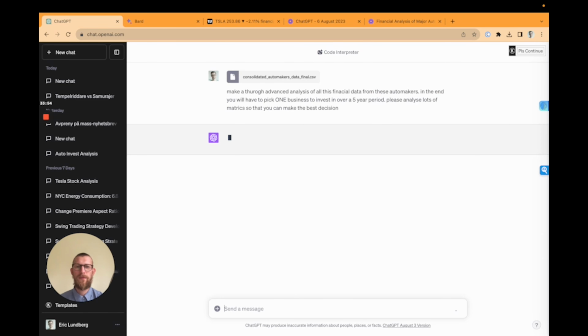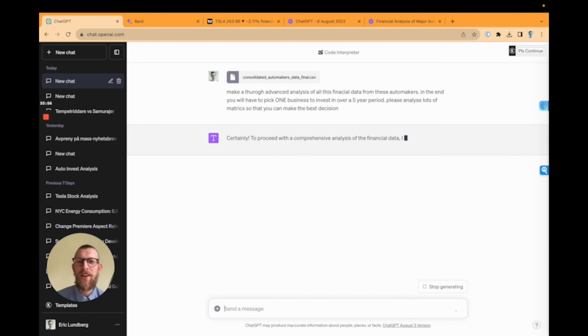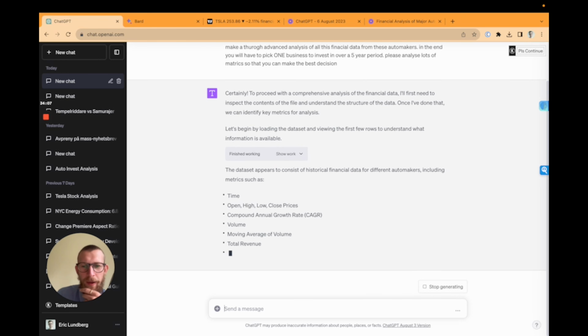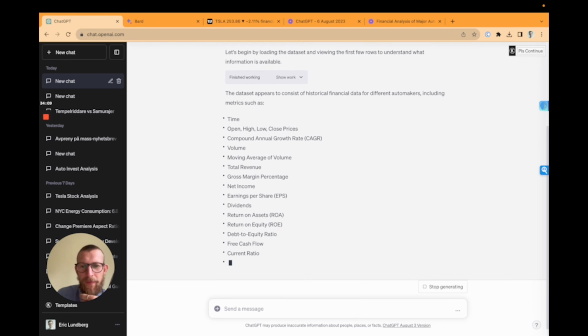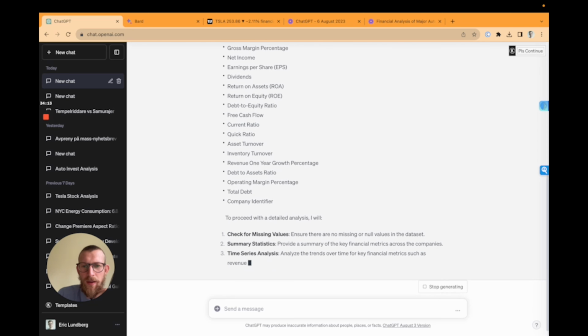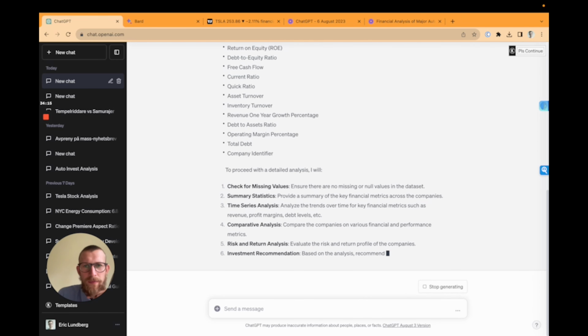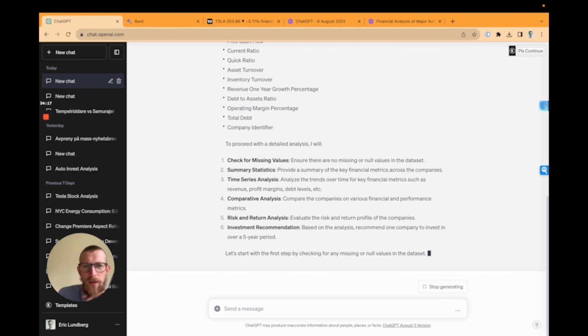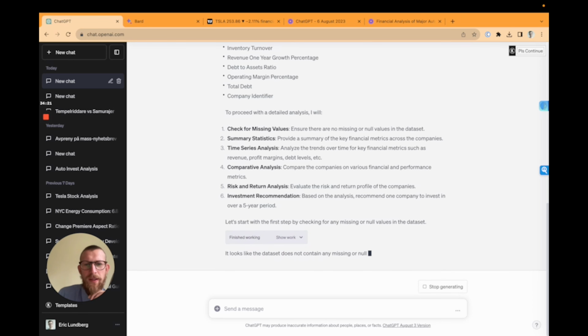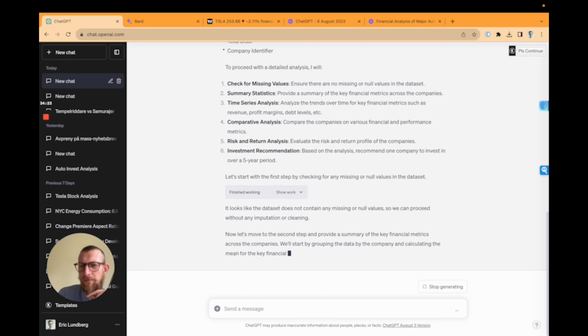Here we go. It's now gonna go through it. I hope it succeeds in doing this when I have used the data before. Yeah, I mean, it sees all the values. All right, it proceeds.